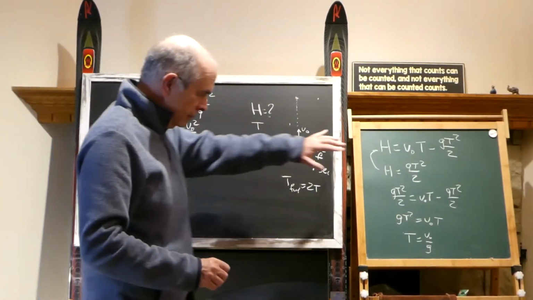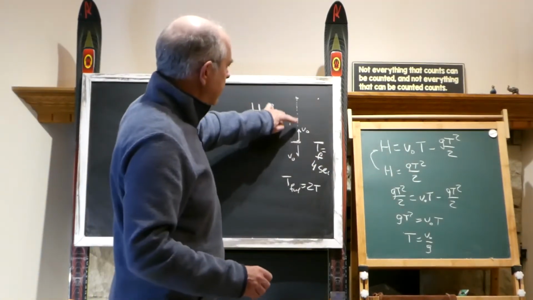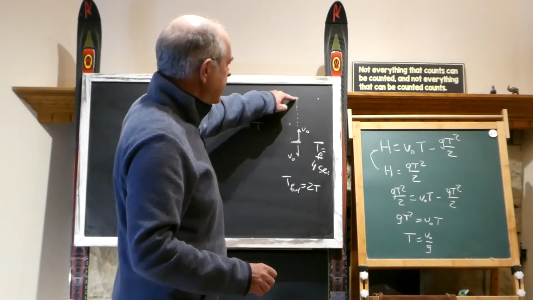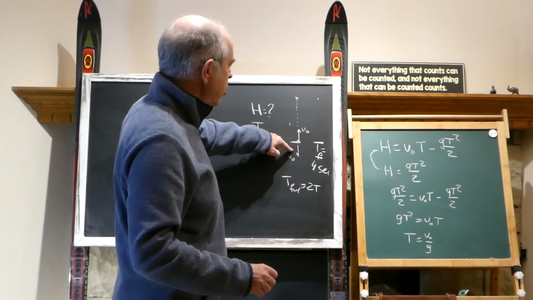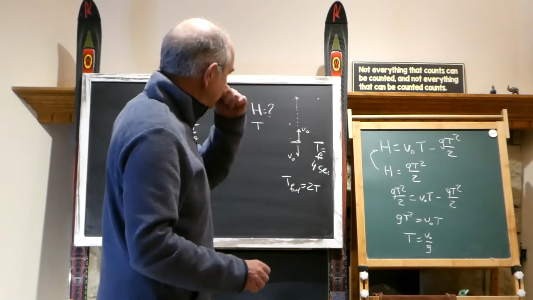It requires a little bit of thinking, because time up equals the same time down: we start with 0 and come with v0, and when we go up, we start with v0 and we stop.